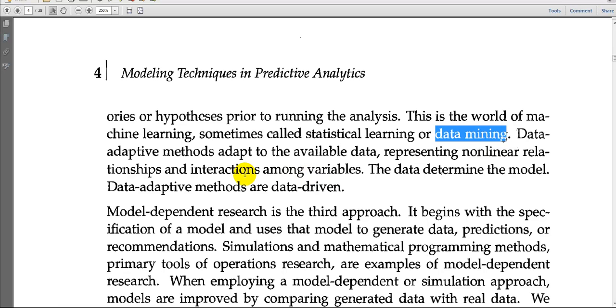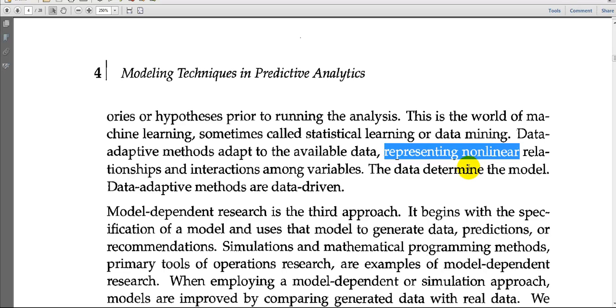Data adaptive methods adapt to the available data, representing nonlinear relationships and interactions. When you specify models, generally we might come up with linear relationships. It's kind of hard to figure out, like, oh, this thing is related to the square of something else.